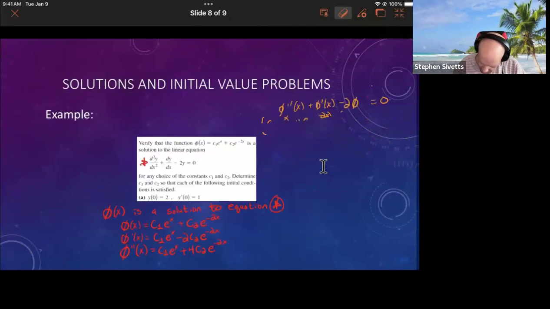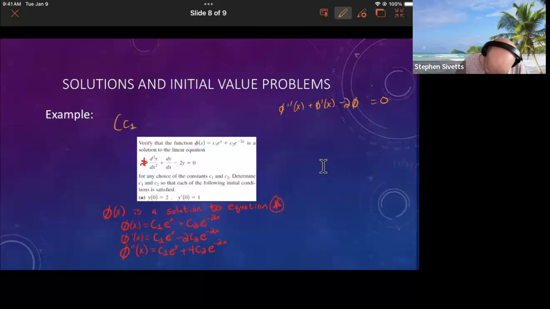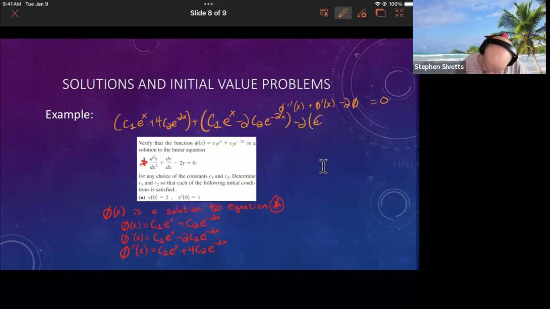So we have c1 e to the x plus 4c2 e to the minus 2x, plus c1 e to the x minus 2c2 e to the minus 2x, minus 2 times c1 e to the x plus c2 e to the minus 2x.